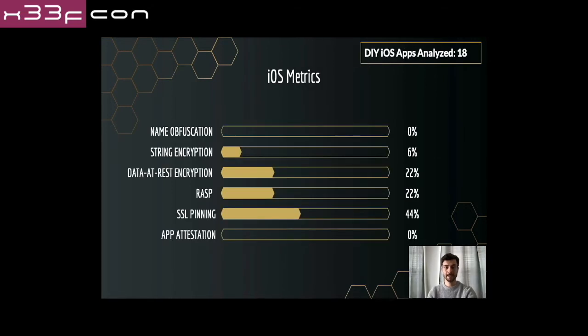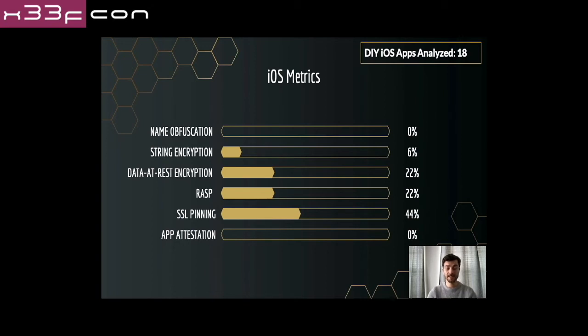So now taking a look at the iOS side of the house, you can see that we have equivalently provided the same control mechanisms that we looked at for the Android side. And in the top right-hand corner, you're going to see that for the iOS side, we analyzed 18 do-it-yourself iOS applications. By do-it-yourself, we mean these applications deliberately elected not to use the exposure notification API and instead elected to implement controls themselves.